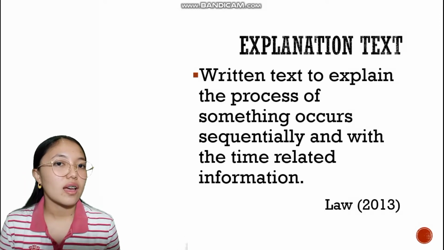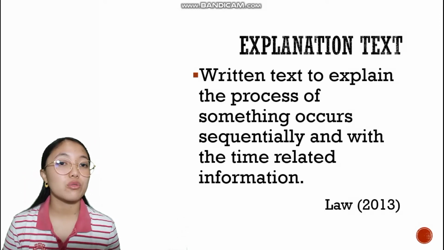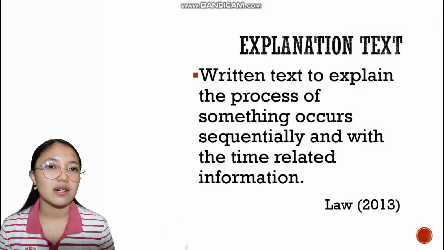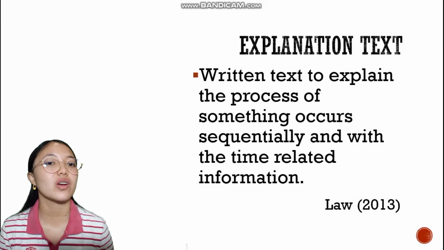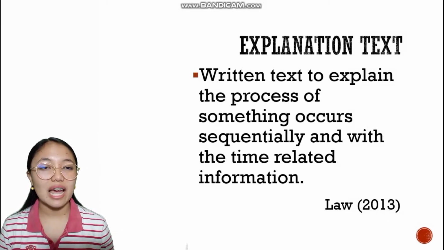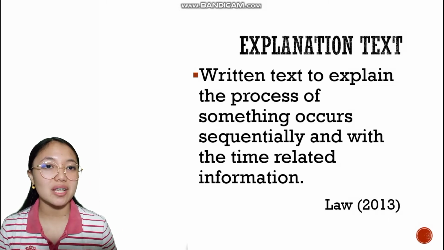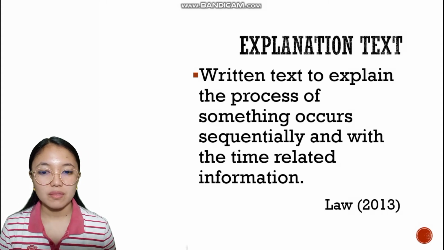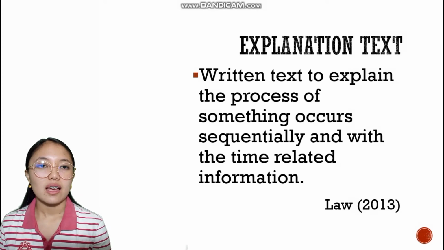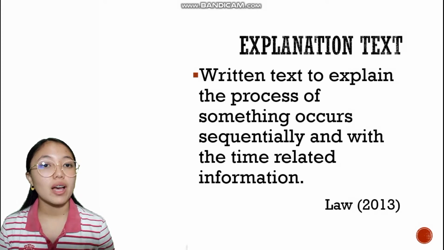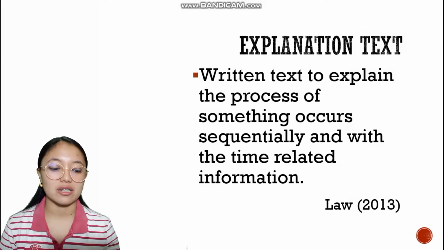As I explained before, if you are reading about how the rain happens or how the rainbow appears, it means that you are reading an explanation text, because the text occurs sequentially and includes time-related information.